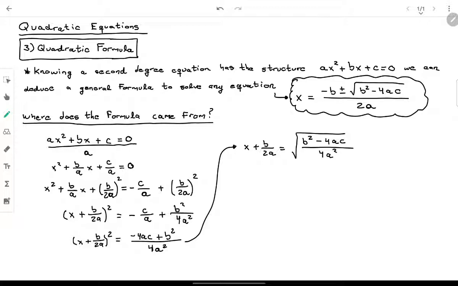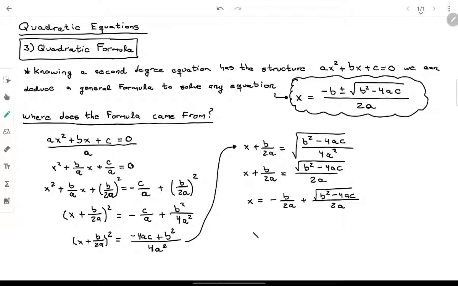Then x plus b, all of it divided by 2a equals, we can take out the square root of 4, which is 2, and the square root of a squared, which is a, and on the top part, I still have the square root of b squared minus 4ac. The only thing missing is to move this one to the other side, minus b over 2a. It's going to be plus the square root of b squared minus 4ac, all of it divided by 2a.